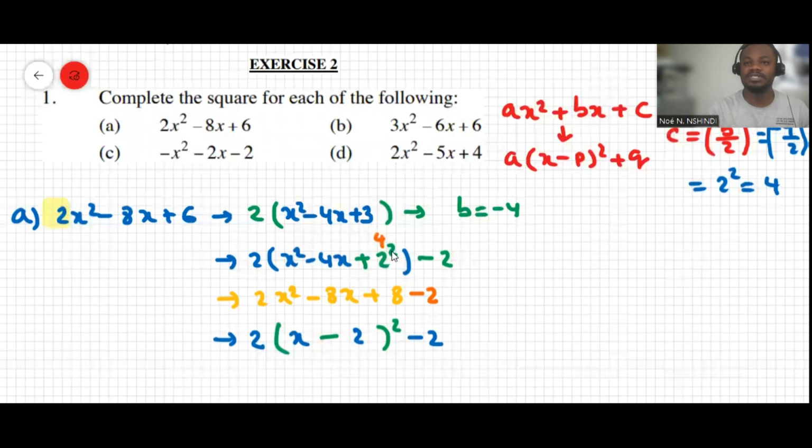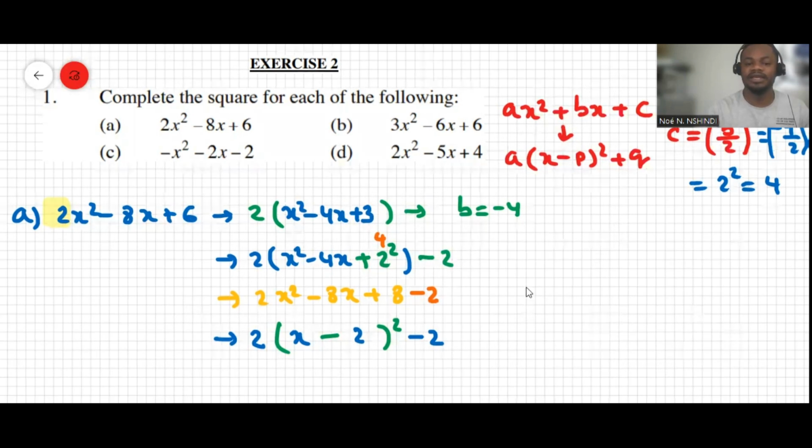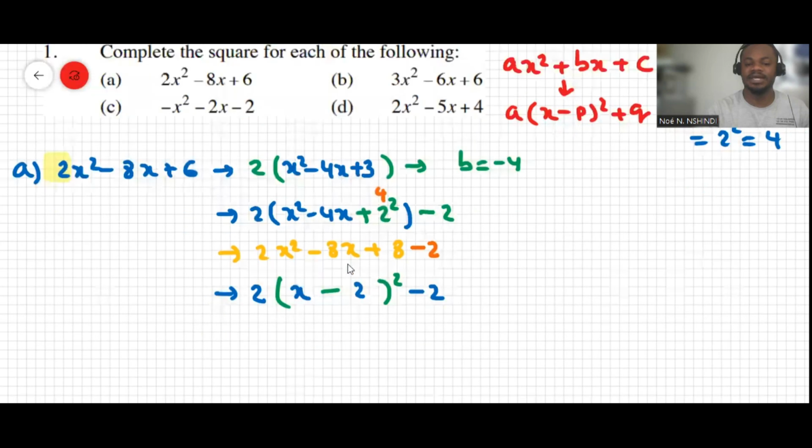If I write 4 there, when we times out, it's going to be 8 instead of 6. So I must minus 2 here. And then I just take the bases, x minus 2 to the power of 2 minus 2.